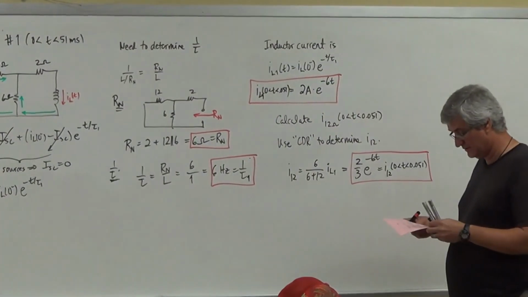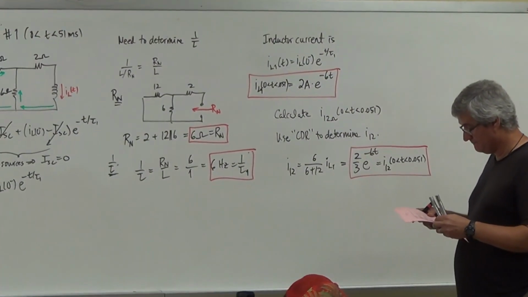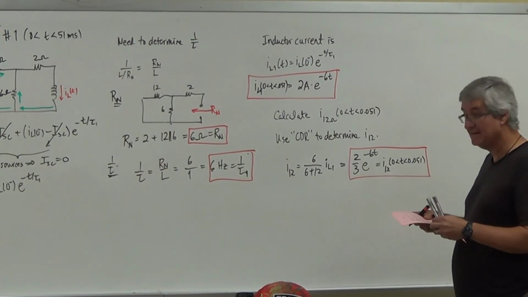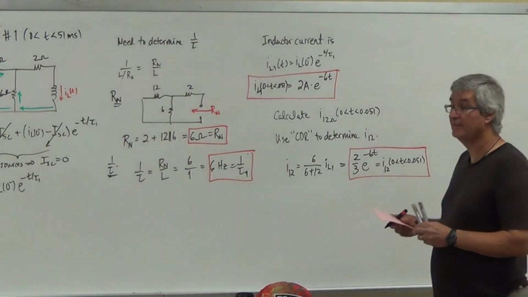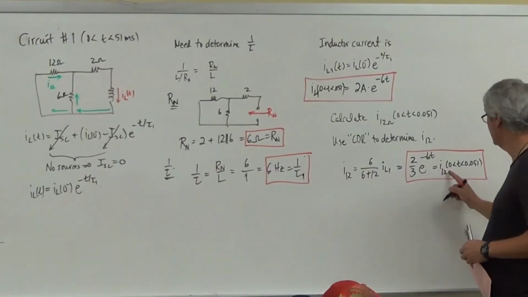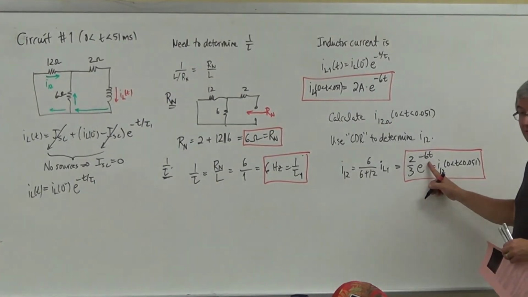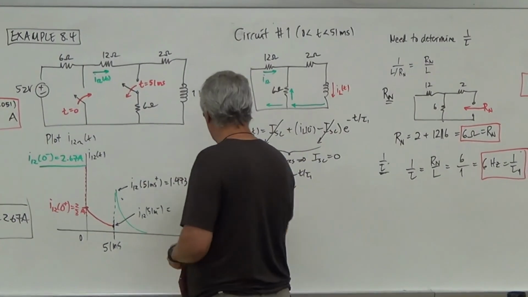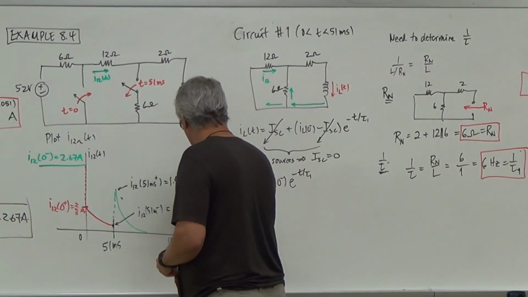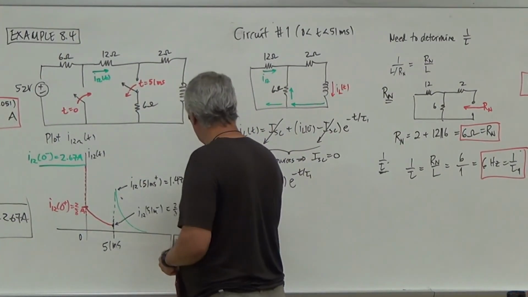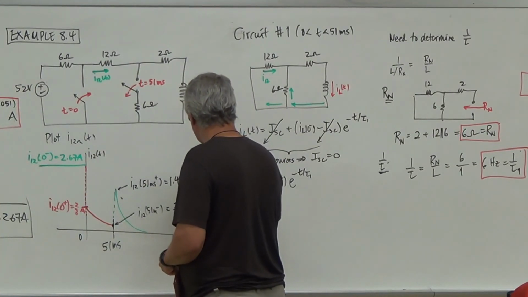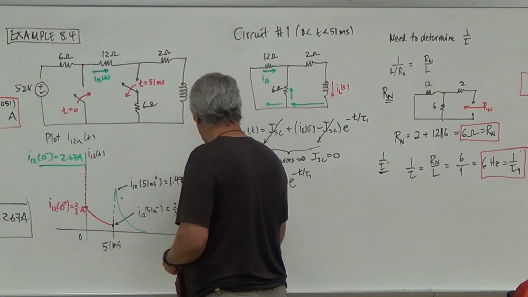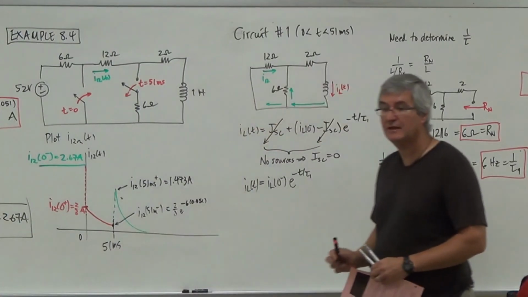Did I calculate that? I did not calculate it. But if we plugged in 0.051 seconds into here, we would get 2/3 e to the minus 6 times 0.051, and then I would get that curve at that one point.